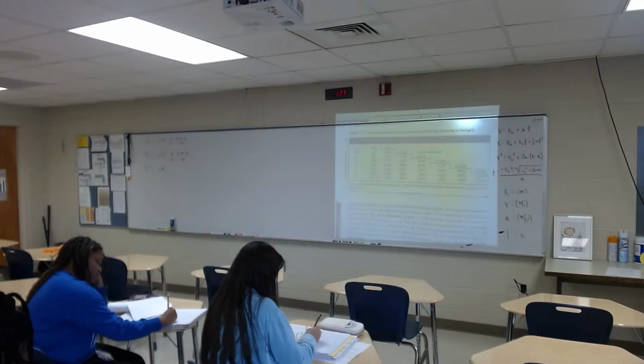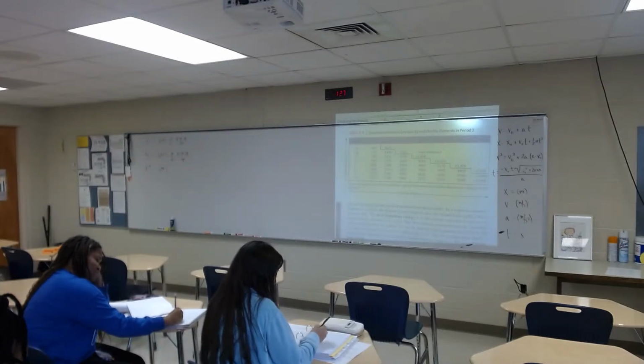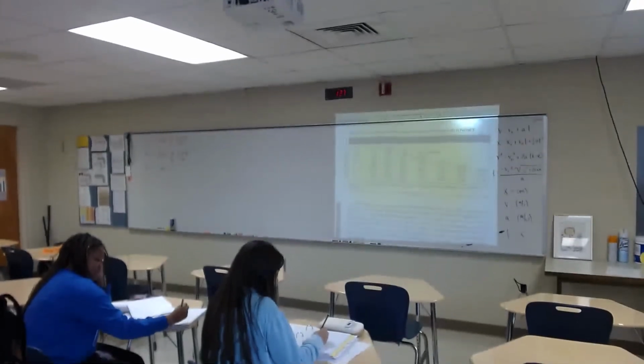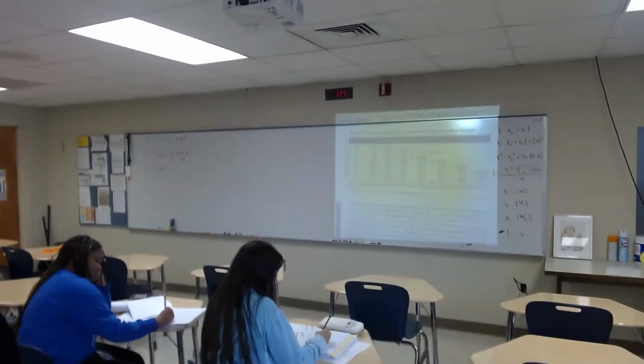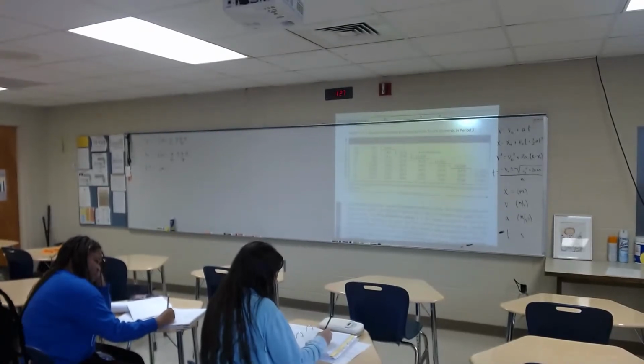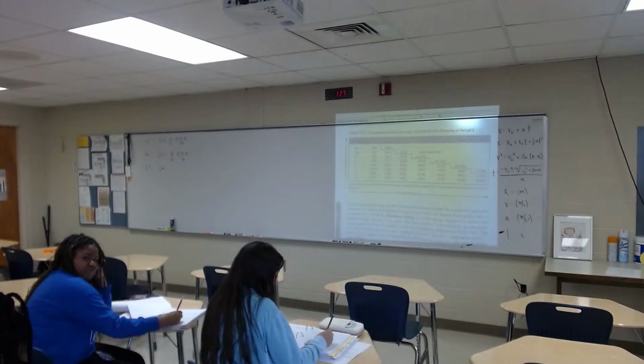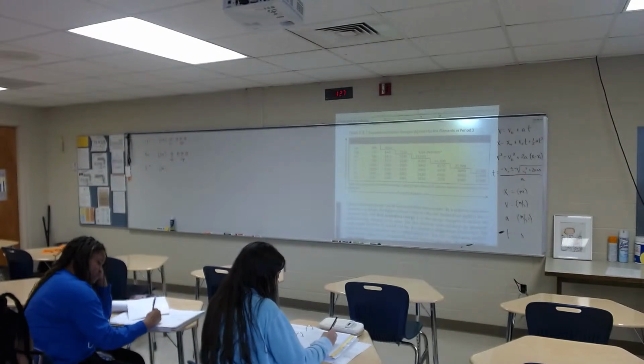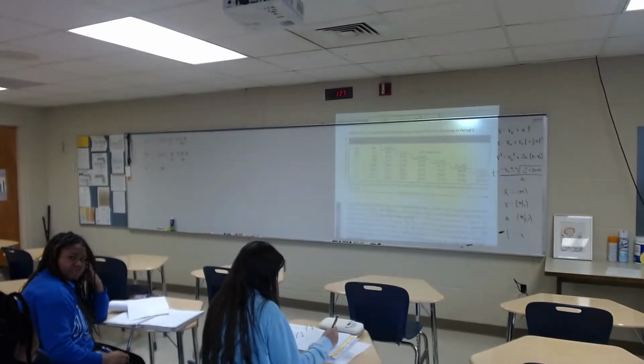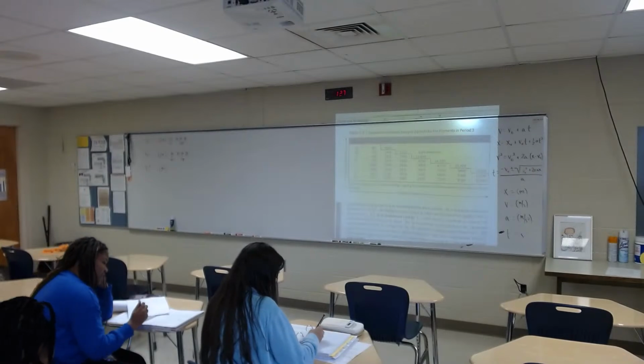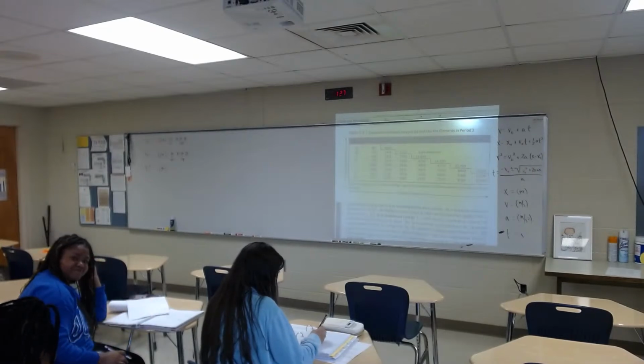Give me a second to make sense of this. So you would say this one is the largest because it has fewer protons. If you want to get real good with it, you would say it has a lesser effective nuclear charge, which is the fancy chemical way of saying it's got fewer protons.